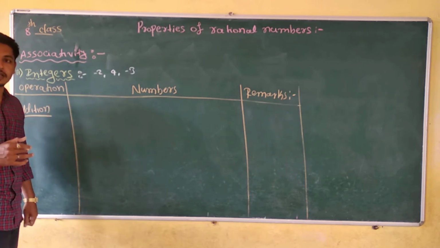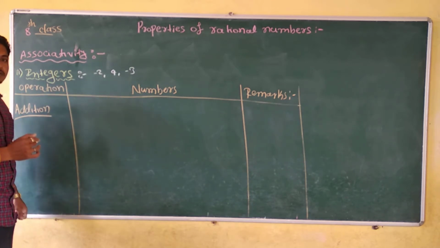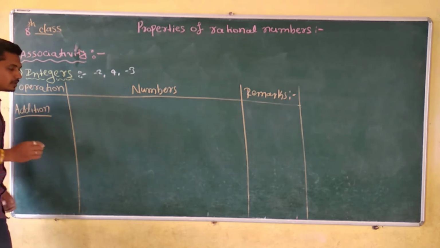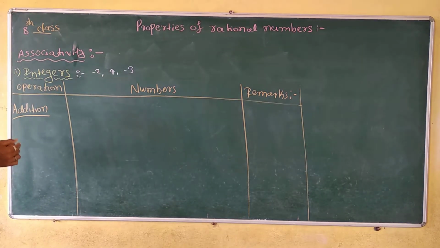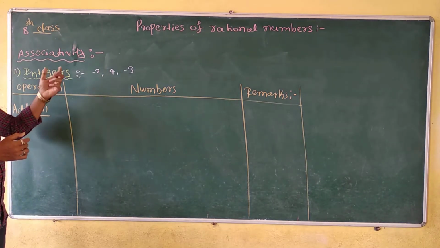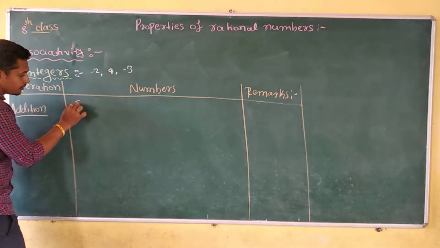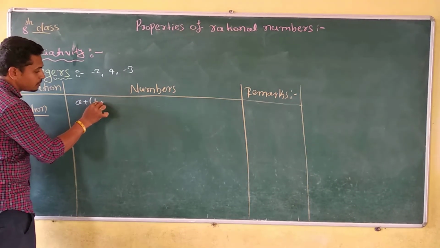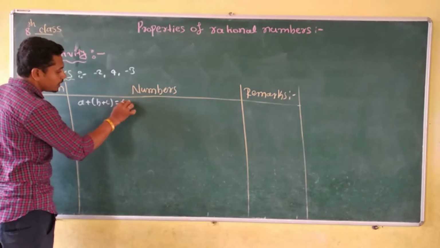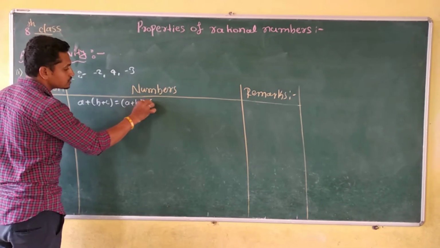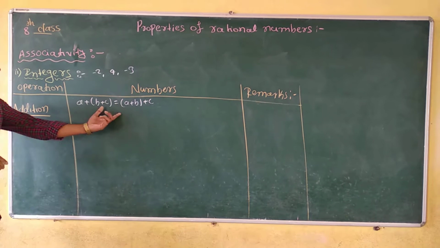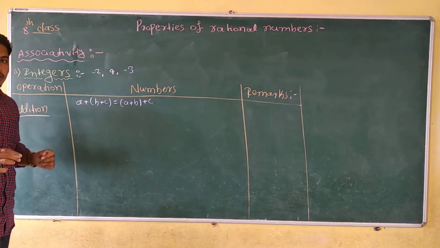In addition, just recall this concept: (a + b) + c is equal to a + (b + c). Is it right? This is the general form of the associative property.